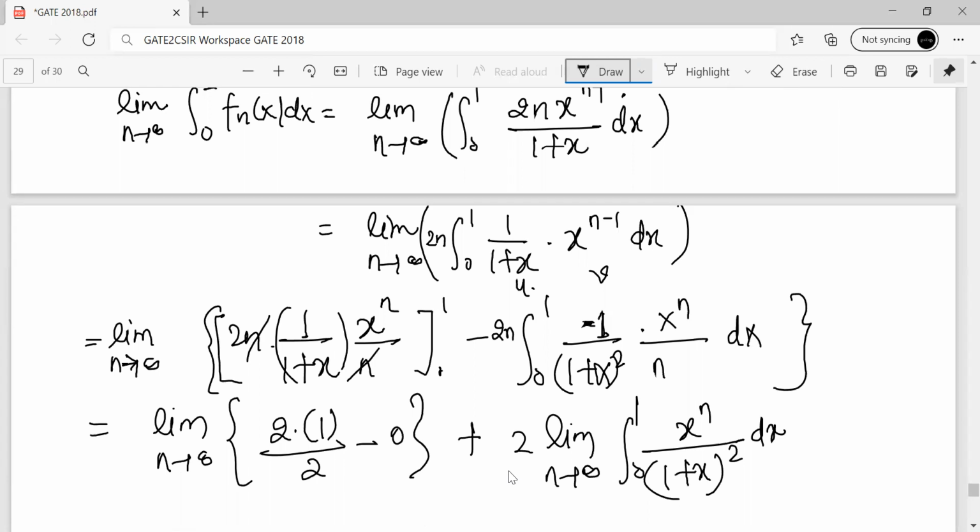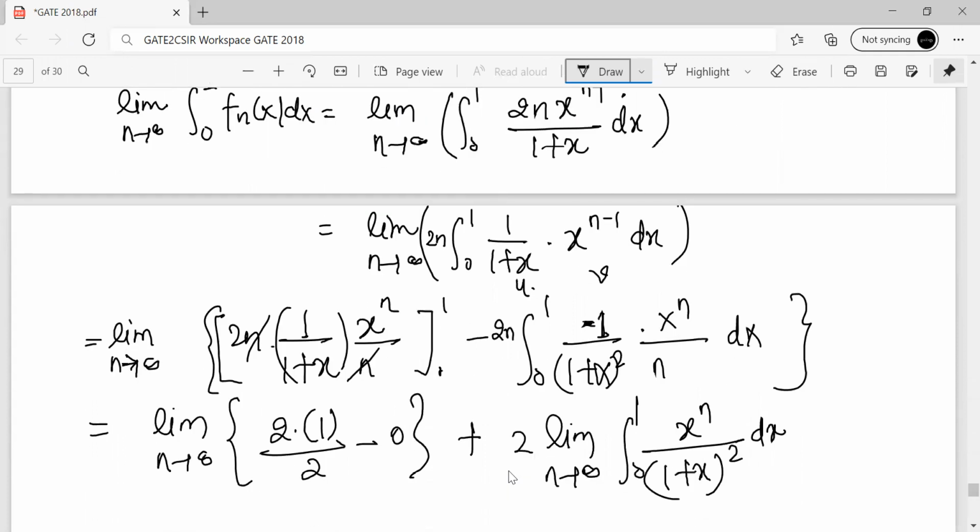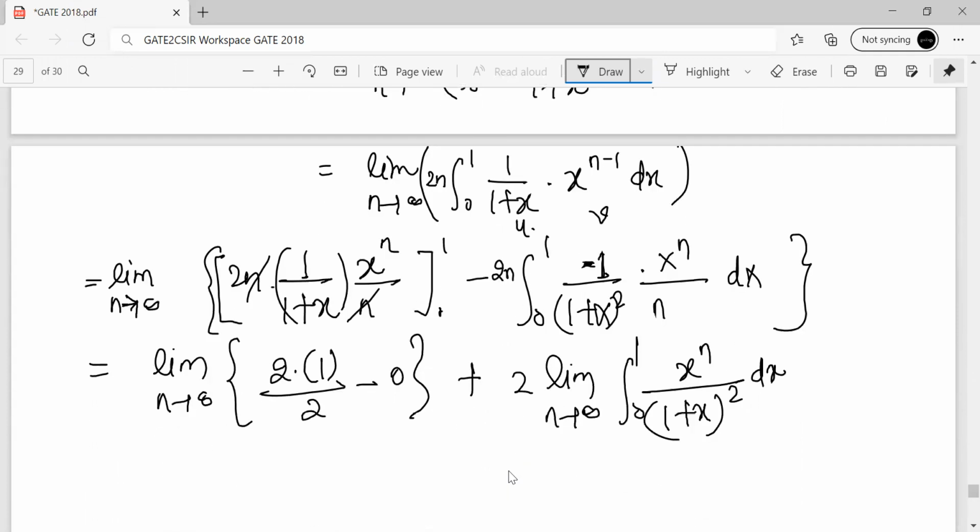I want to apply DCT here because to apply DCT, this thing has to be uniformly convergent. So the limit function at x equal to 0 is 0, and at x equal to 1 it is giving me a different function. So there should be one more n pending. But where is it going? 2n x power n minus 1 upon 1 plus x. There is some mistake here.